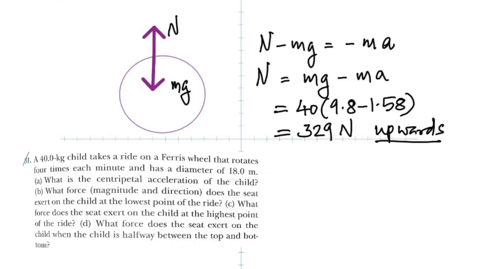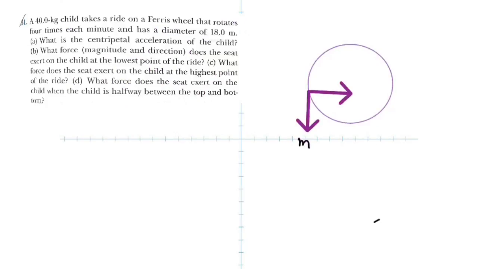Now the D part says, what force does the seat exert on the child when the child is halfway between the top and the bottom? Halfway, okay. When the child is halfway, here are the forces. Weight, always vertically down, and you have the normal force, normal to that point in the circle, meaning perpendicular to that point. And therefore, since both are at right angles, you've got to find their vector sum now.